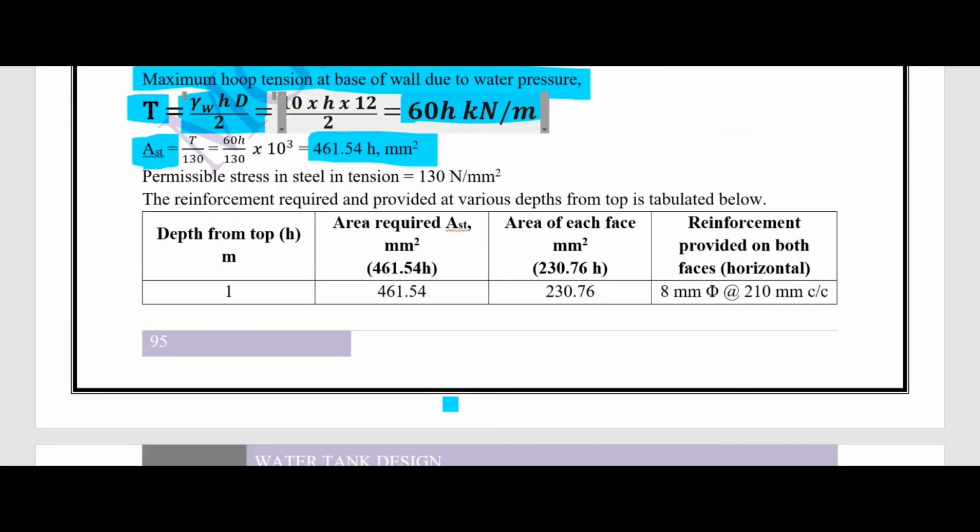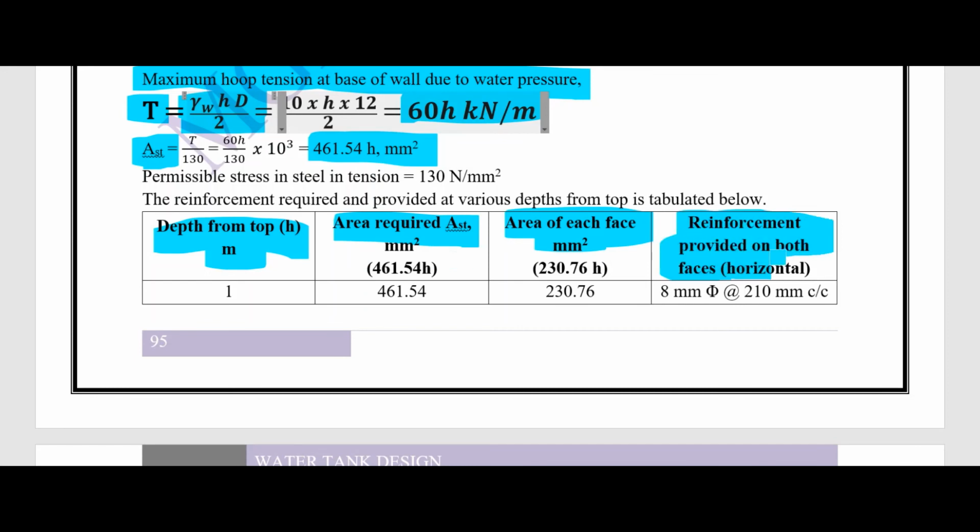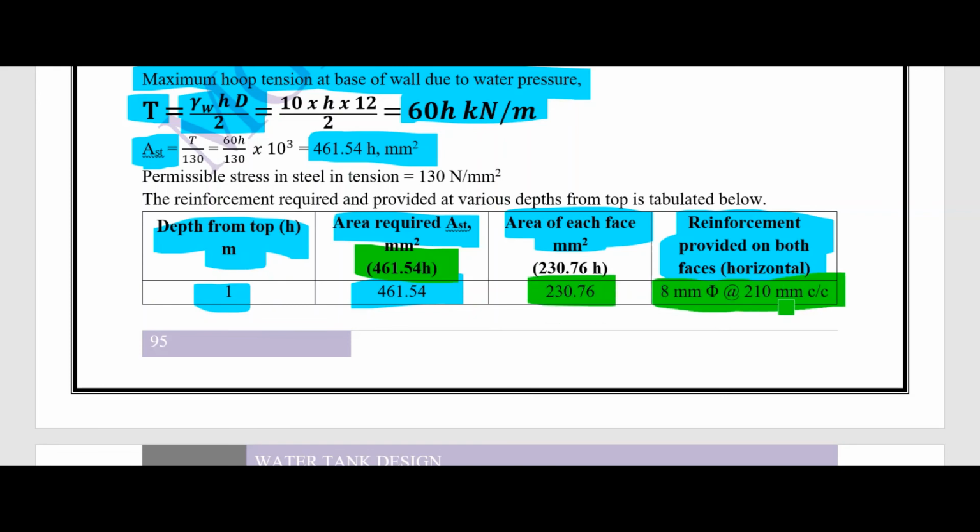Now same table, depth for the top, area required, area of each face means divide by 2, reinforcement provided on both faces. So for 1 meter, 461.54 into small h, so h is 1. So we found 8 mm dia at 210 mm center to center.